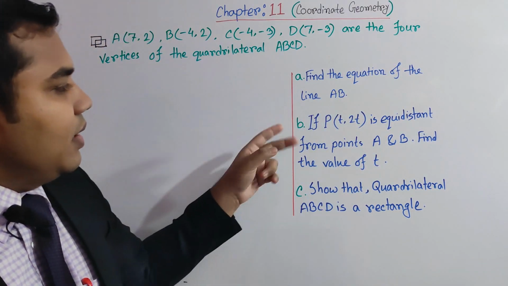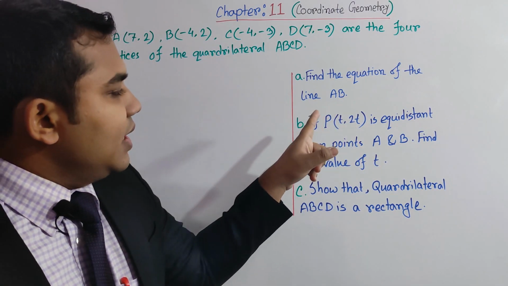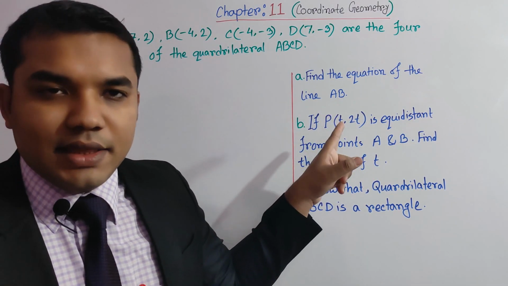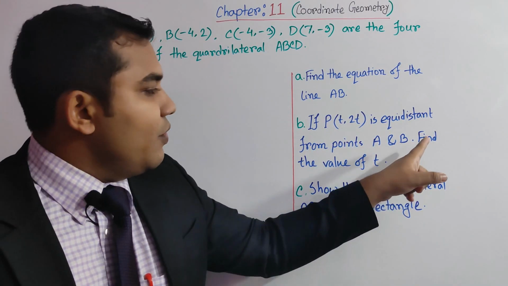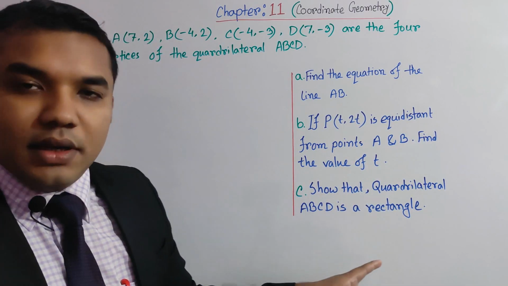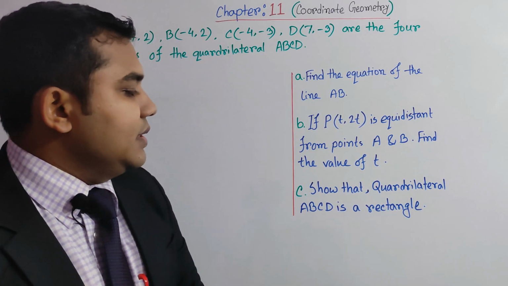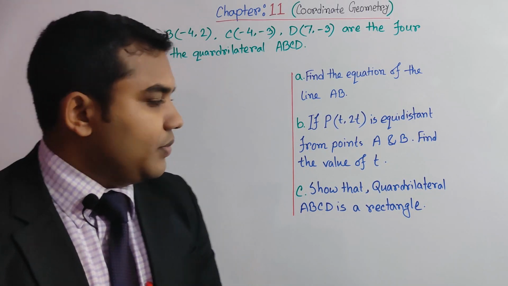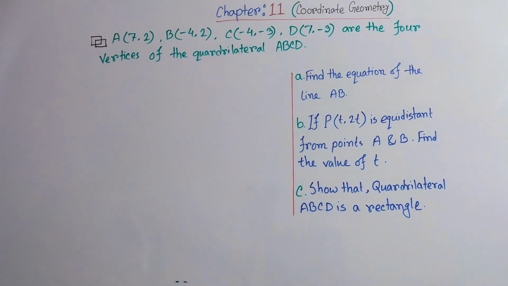Number 2, if P(t, 2t) is a point equidistant from the points A and B, find the value of t. Number 3, show that quadrilateral ABCD is a rectangle. So this quadrilateral will be a rectangle.